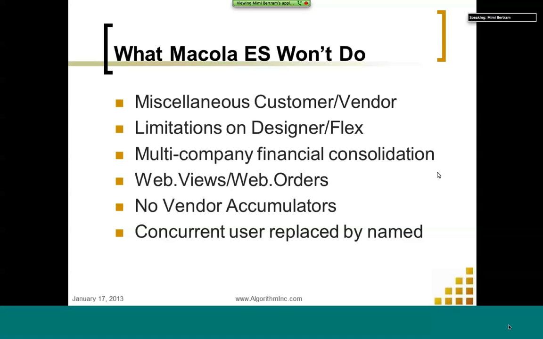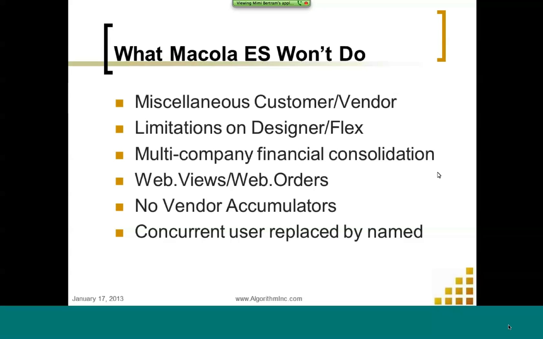Multi-company financial consolidation, again, the standard function in Progression, the ability to take the financials from two separate Progression companies and consolidate them into a third company. That is no longer available. However, it is very easy to create multi-company financial statements using the Excel add-in.